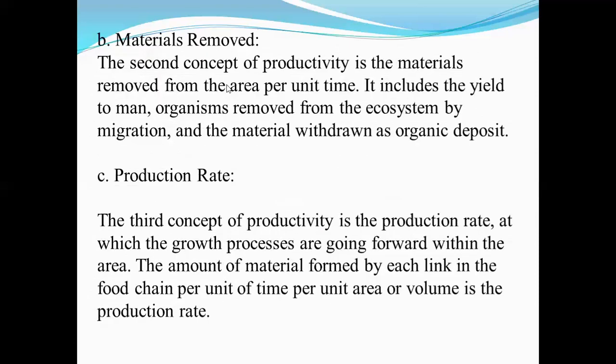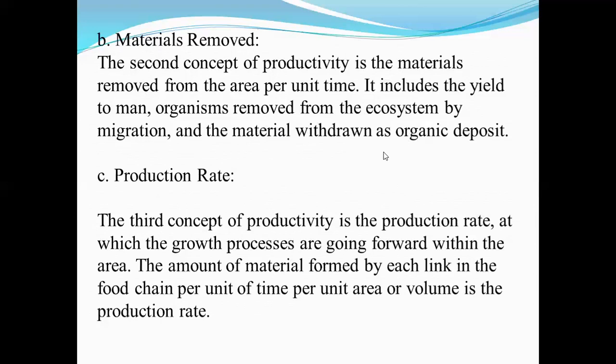Then the second concept of productivity is the materials removed from an area per unit time. Now, for example, we can say the amount of carbon dioxide fixed by the given plants in a particular area in one particular year, that is called material removed. It includes the yield to man, organisms removed from the ecosystem by migration, and also materials withdrawn as organic deposit.